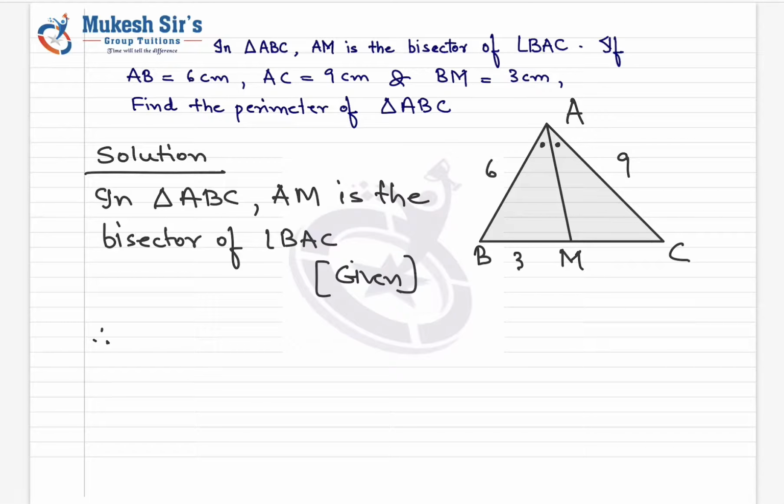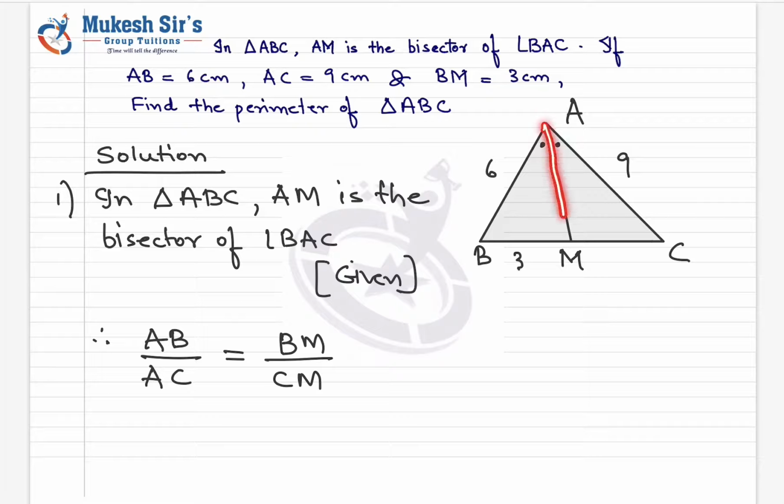Therefore you will get AB upon AC is equal to BM upon CM, or you can write BM upon CM is equal to AB upon AC. Check again, this is the bisector. Bisector divides the opposite side in the ratio of the remaining sides. You get BM upon MC is equal to AB upon AC. BM upon CM is equal to AB upon AC.